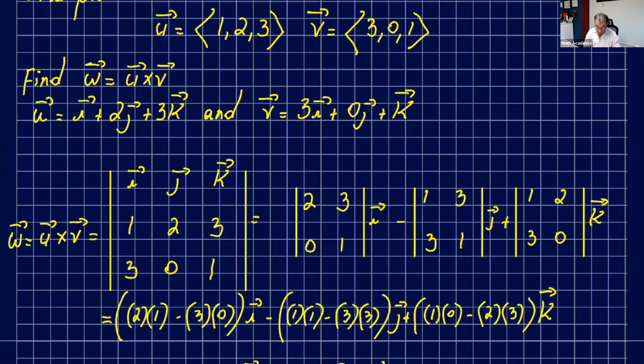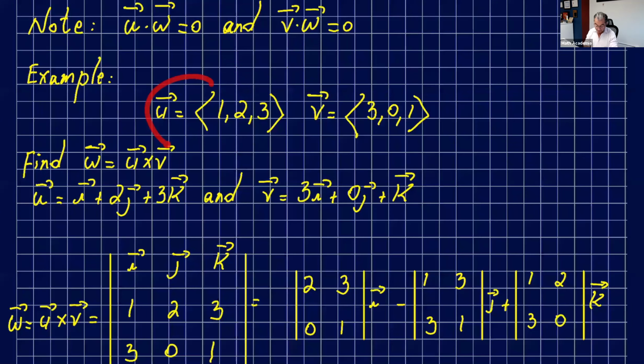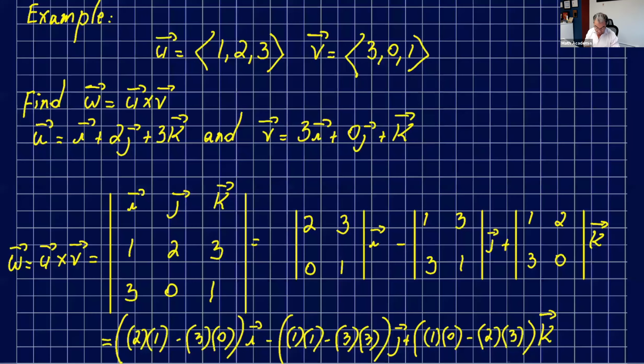Now, let's do an example here. I picked a vector u with components 1, 2, 3, and a vector v with components 3, 0, 1. So w is u cross v.